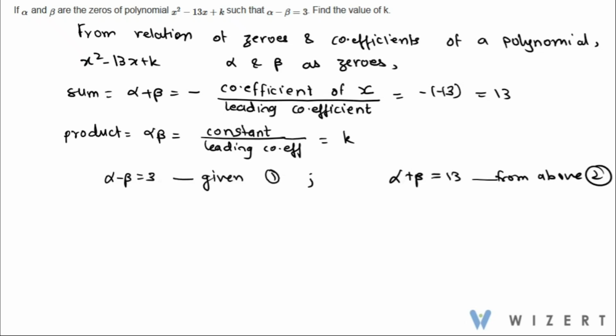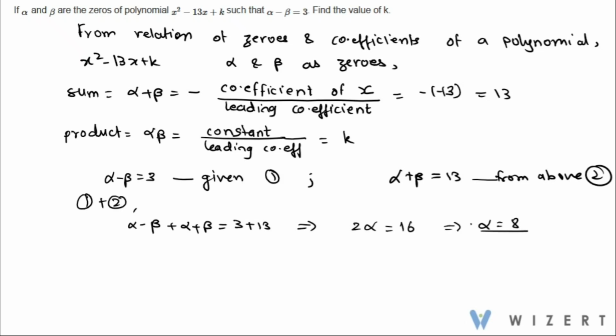So if we perform this operation 1 plus 2, we get alpha minus beta plus alpha plus beta equal to 3 plus 13. So minus beta plus beta get cancelled out and 2 alpha equal to 16. Therefore we get alpha equal to 8.